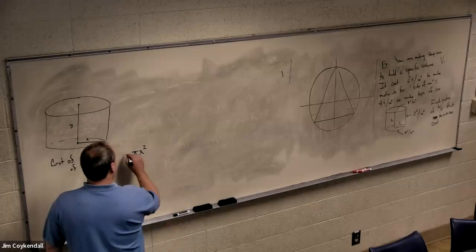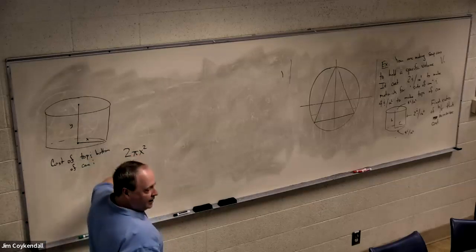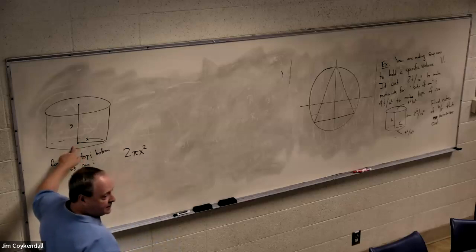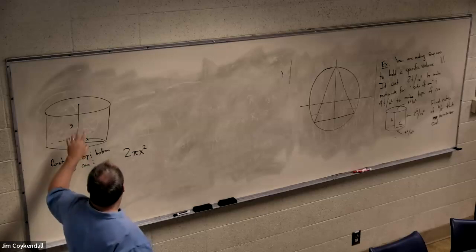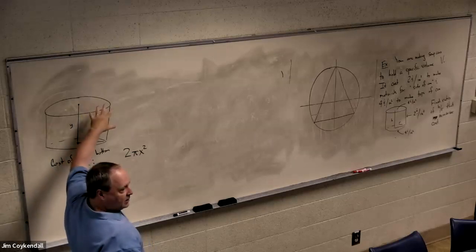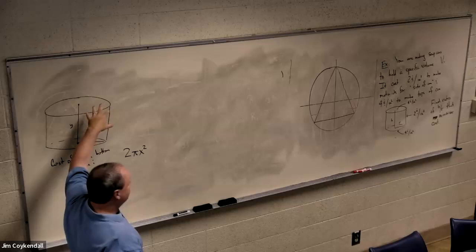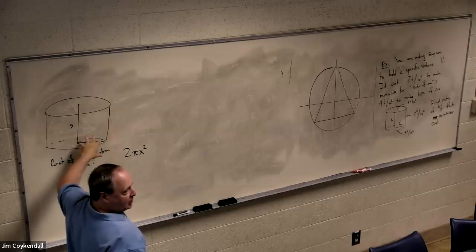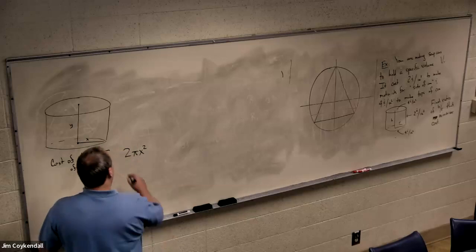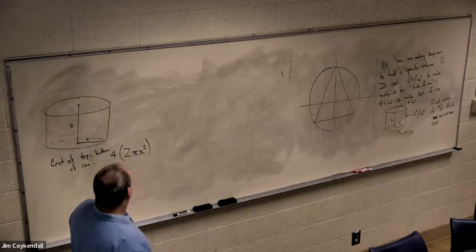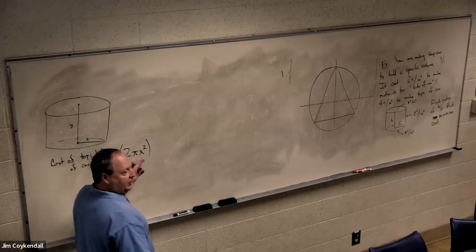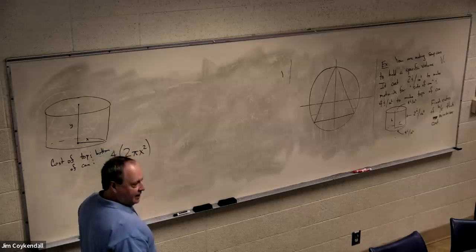But I don't just have a top, I have a top and bottom. The bottom is pi x squared too, so there are 2 of them. Now I multiply that by the cost, which is 4 cents per square inch. Everybody agree with that?